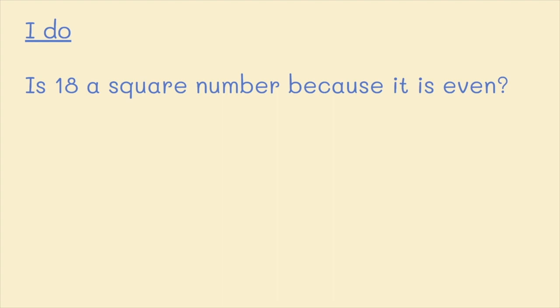If we're thinking about whether a number is a square number, we need to check its factors and see if there is a number that, when multiplied by itself, would make it a square number. So the factors of 18 are 1 and 18, 2 and 9, 3 and 6, and that's it. So 18 doesn't have any factors that when multiplied by itself make it, so it's not a square number and it doesn't matter if it's even.